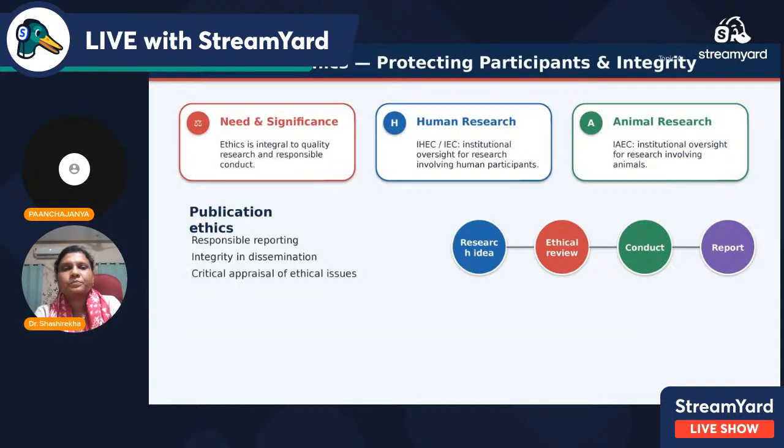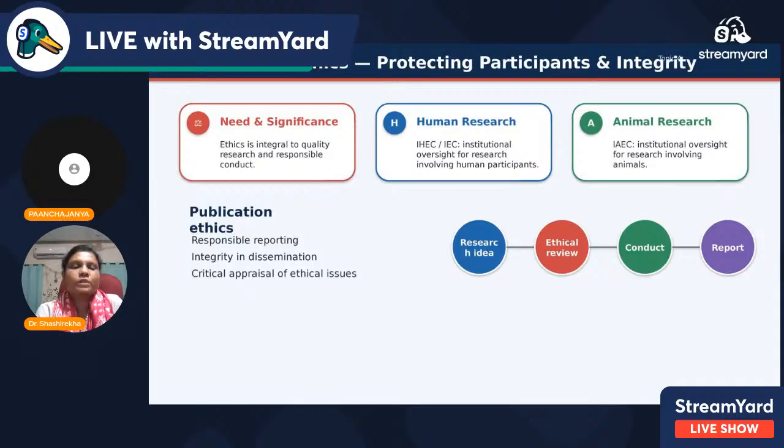Coming to research ethics, here you are supposed to know what is the need of ethics in research. It is a very important area. You should not have any ethical issues related to your research.